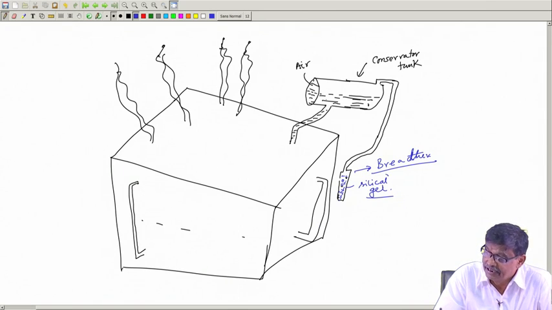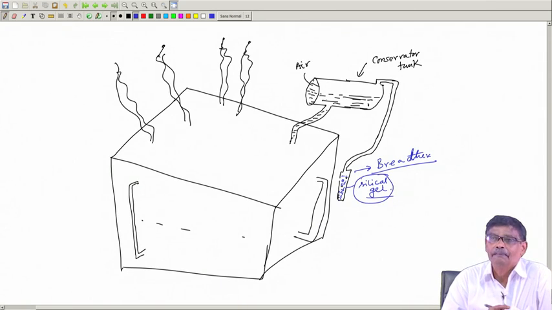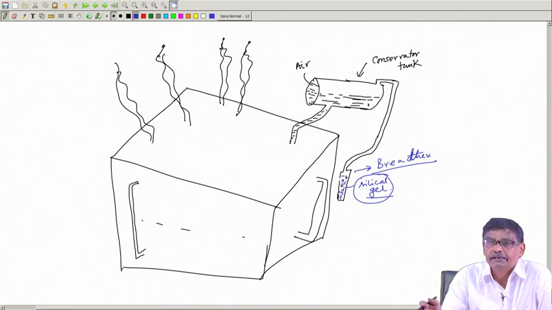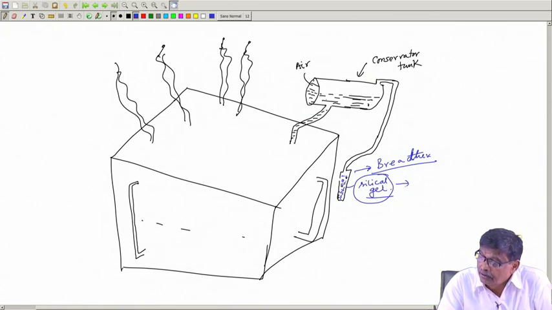Now, what is this silica gel? Silica gel is a protection. It makes sure that water vapor present in the atmosphere does not come here into the conservator tank. Why? The normal color of silica gel is blue.